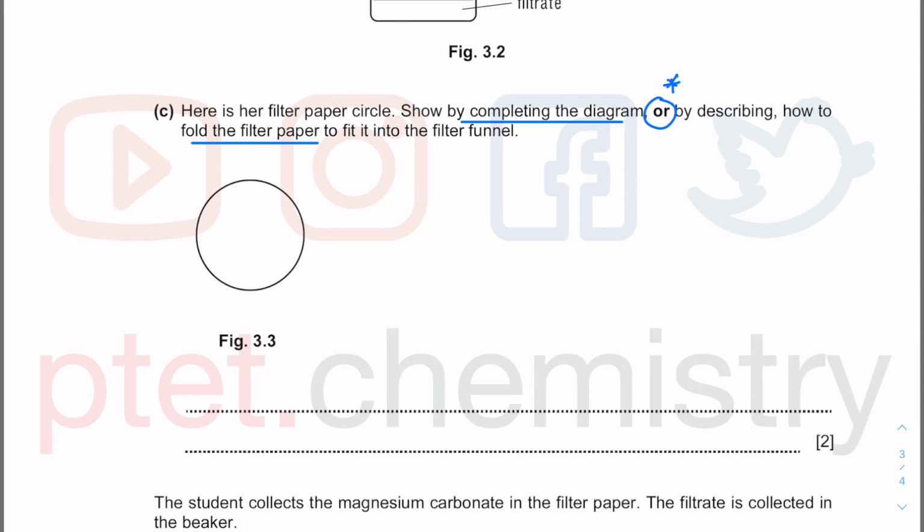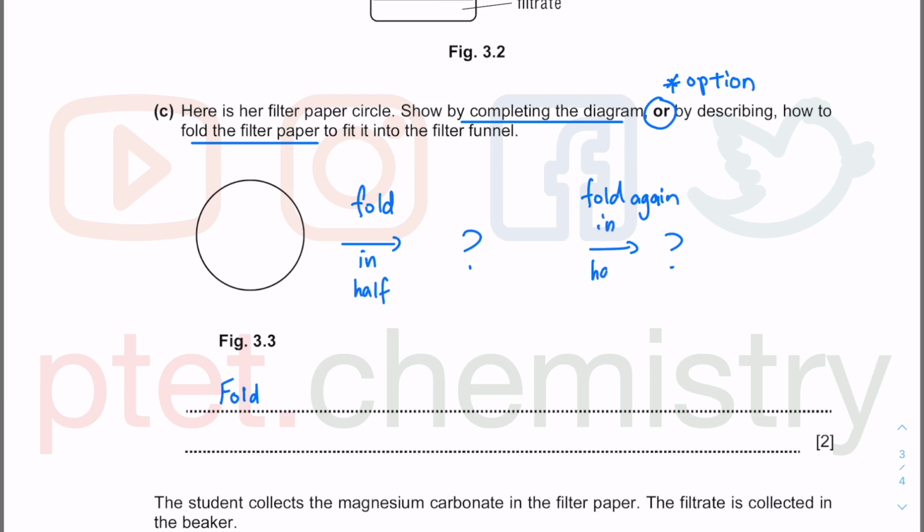Because they give us a choice, I am not very good at drawing, but if you can draw, you can. You gotta fold the filter paper in half. So I'm just writing in words. If you can draw, you draw.